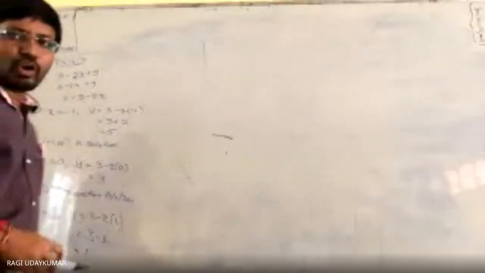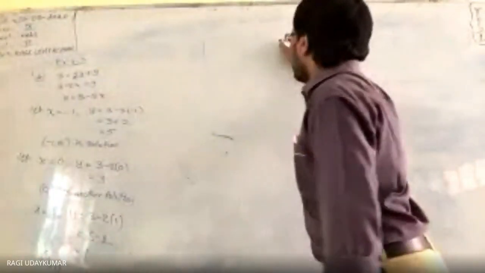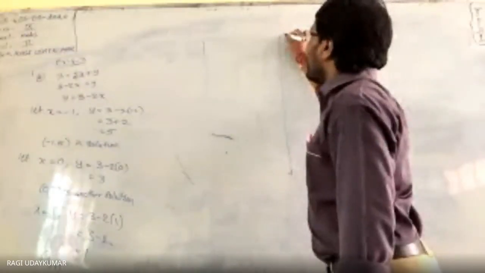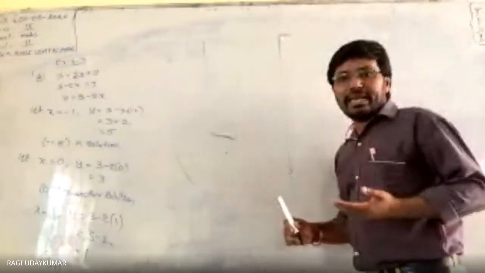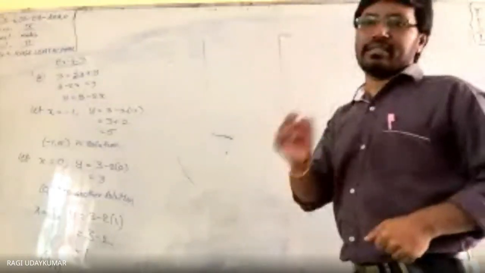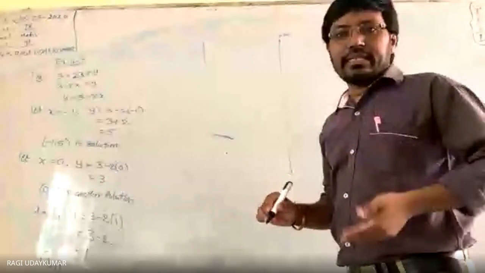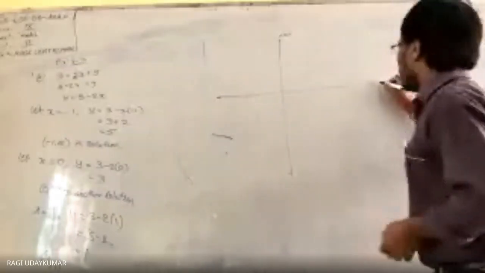These 3 points you plot on a graph. Graph में plot कर लो. So graph में draw करना देखो. Every time whenever you draw, you write here y-axis vertical line, x-axis horizontal line. Because if you revise then you will be able to remember.